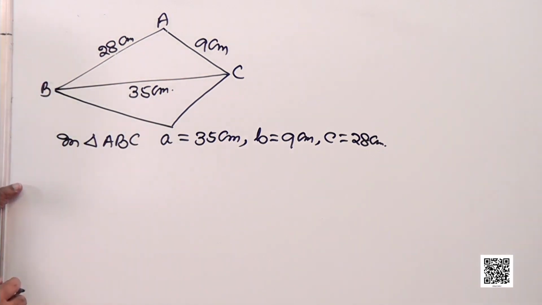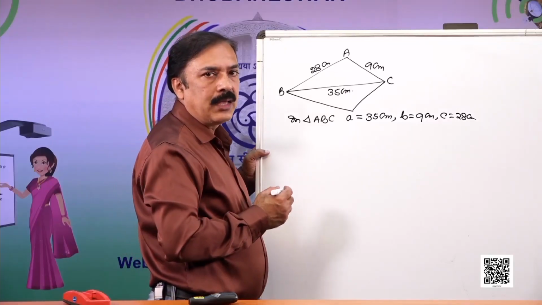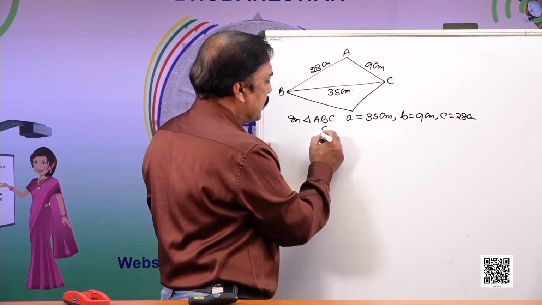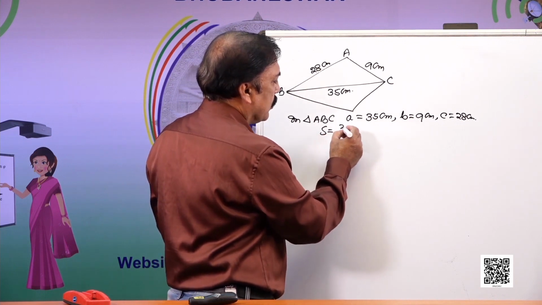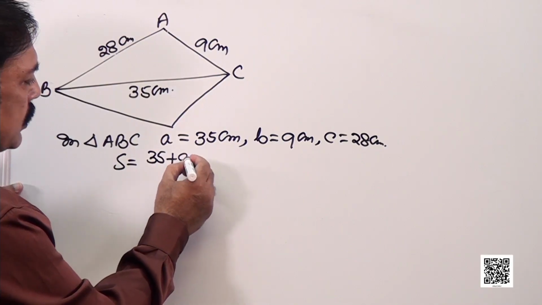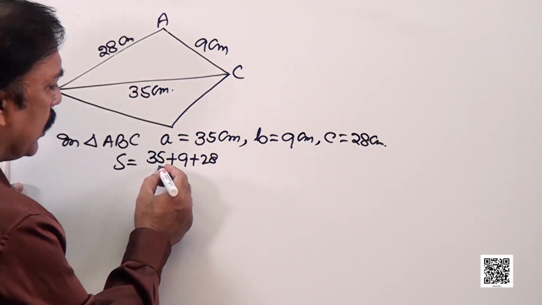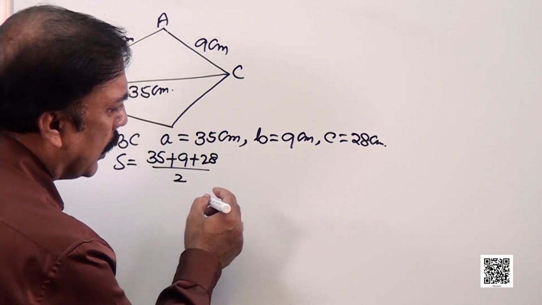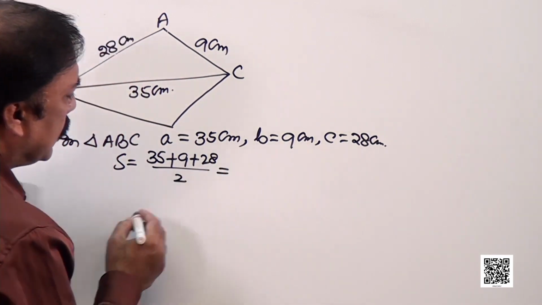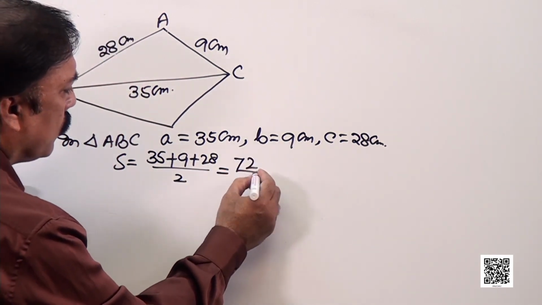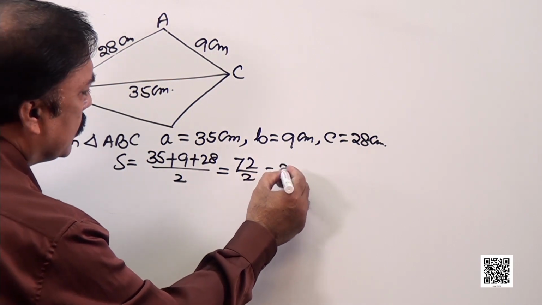Then what is the semi-perimeter of the triangle? That means S is equal to 35 plus 9 plus 28 by 2. That gives 72 by 2, that is 36.